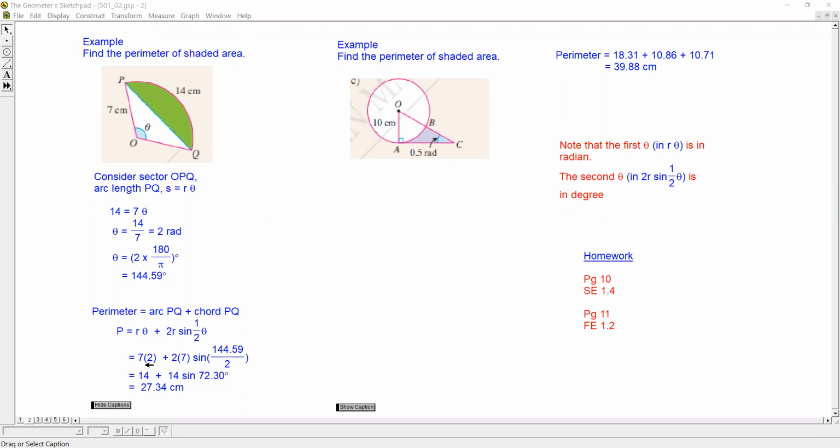I check and see. 180 divided by pi. 180 divided by pi times 2. My calculator is 114.59. Can see Can see Can can teacher. my calculator something wrong. What for 144.59.